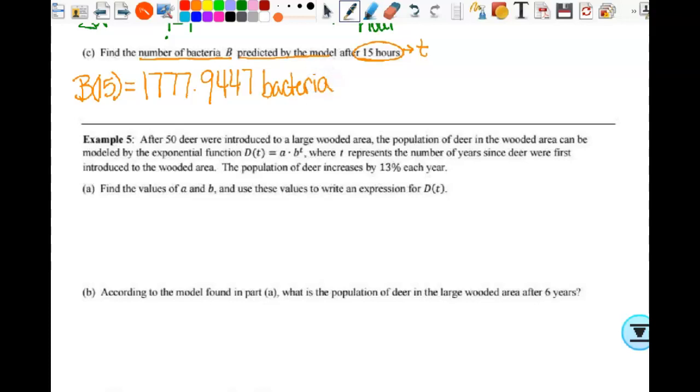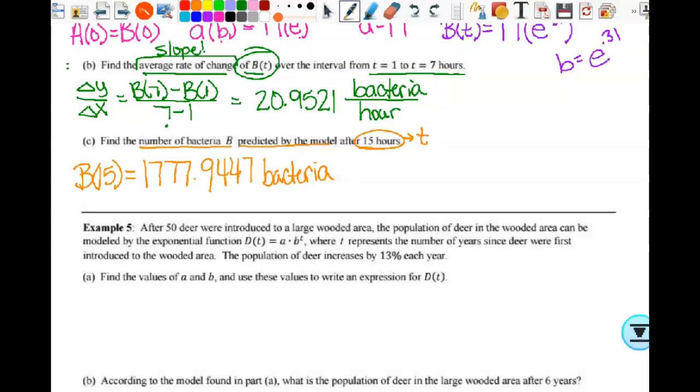Okay, we're going to add a question in here. So you should have some room, hopefully. Here's what we're going to do.